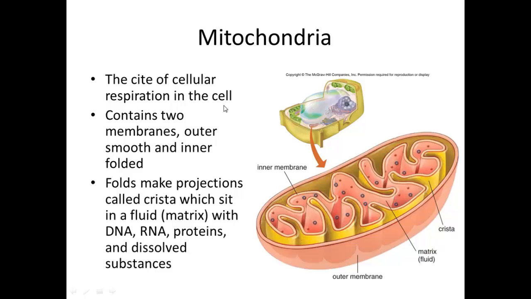So photosynthesis occurs in the chloroplast, and then respiration takes place in the mitochondria. And so this is the powerhouse of the cell. This is what is converting all the glucose and molecules into ATP.